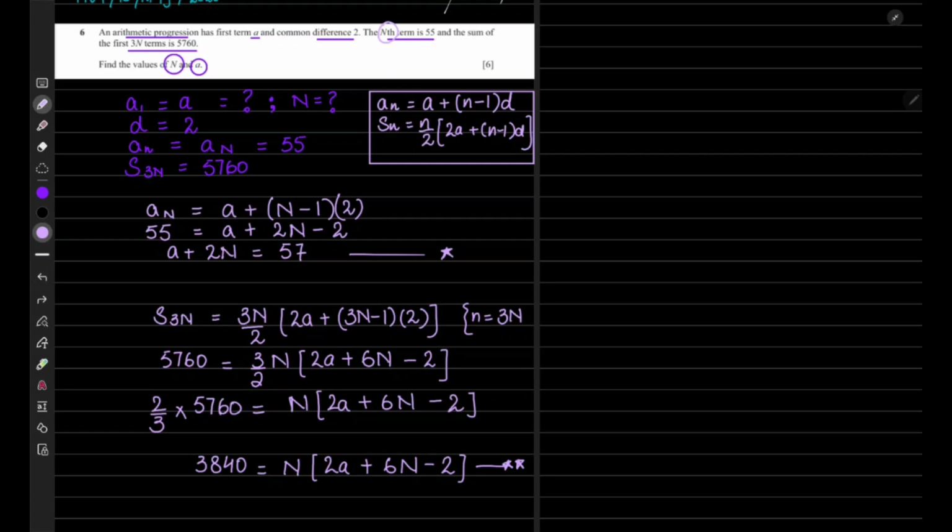So I'm taking a from the first equation, making a the subject of the first equation, so it becomes 57 minus 2n. So now I'm using this version rather than the first one. And we will be substituting this in our second equation.